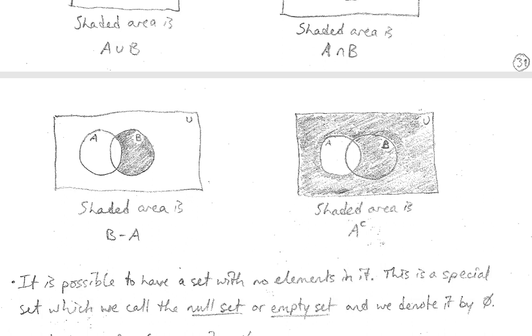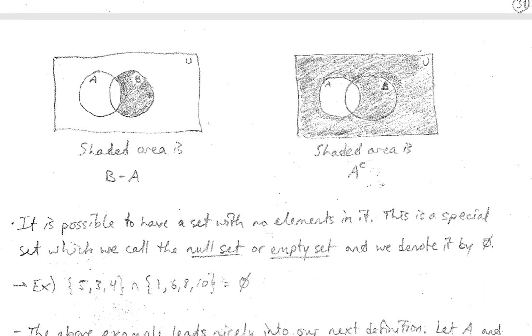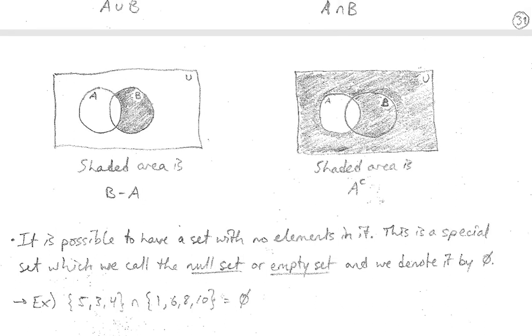And here is one example of having a null set or an empty set. Say I have the two sets 5, 3, and 4, and the other set contains 1, 6, 8, and 10. If I try to take the intersection of these two sets, there's no element that lies in both of these sets at the same time.